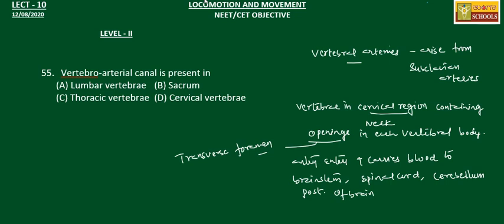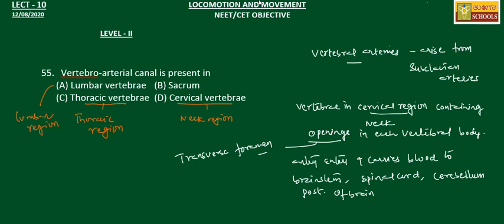Now, these vertebro-arterial canals are present, as I said, in the cervical region, that is, in the cervical vertebrae. Cervical vertebrae are present in the neck region, whereas the thoracic vertebrae are present in the thoracic region, and the lumbar vertebrae are present in the lumbar region.